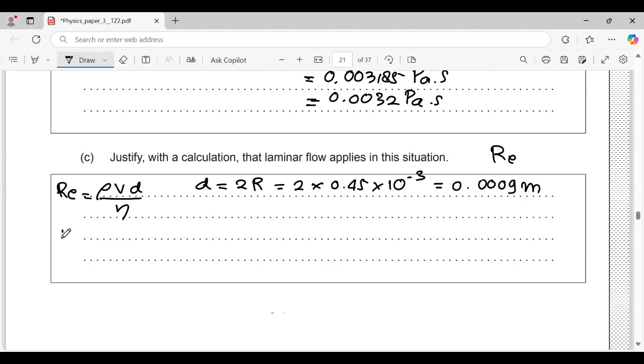Now substitute into this formula, Reynolds number equals 1,300 times 0.18, the velocity, times 0.0009 meters, over eta, this number is this one, 0.003185.